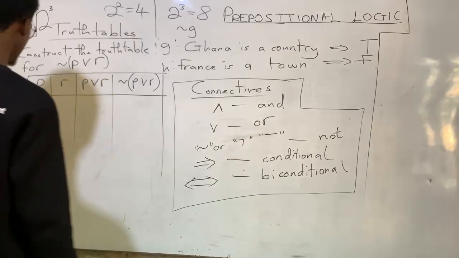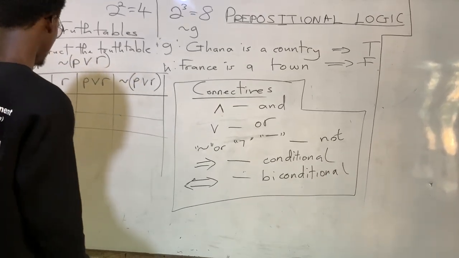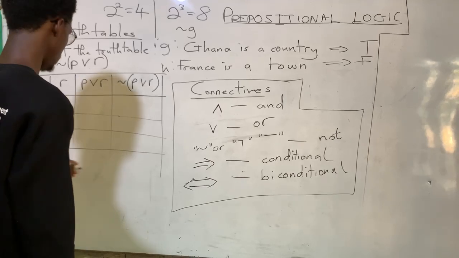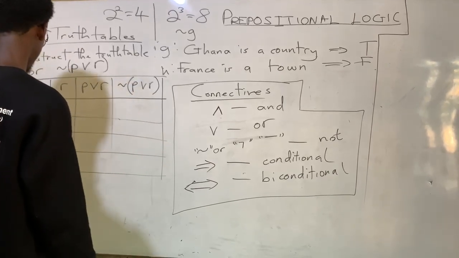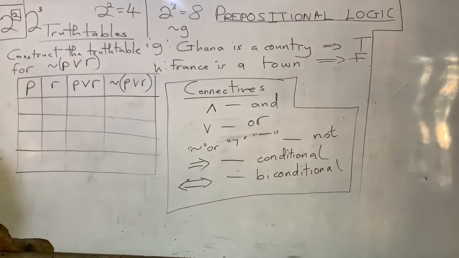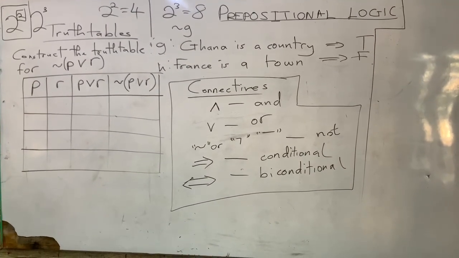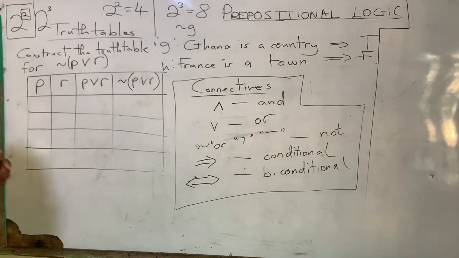Meaning 1, 2, 3, 4, just like this. So yes, that is it. If you didn't really understand it, go back and watch it again.